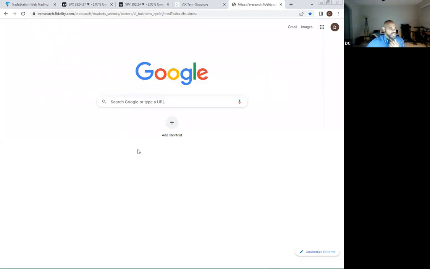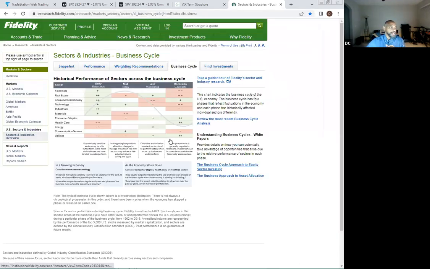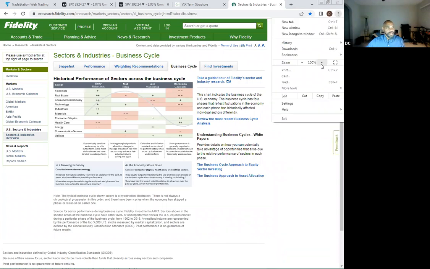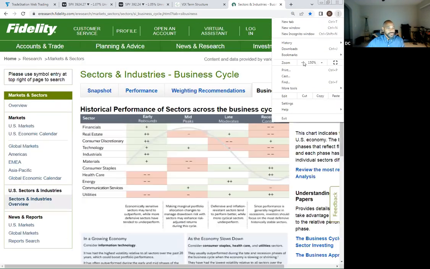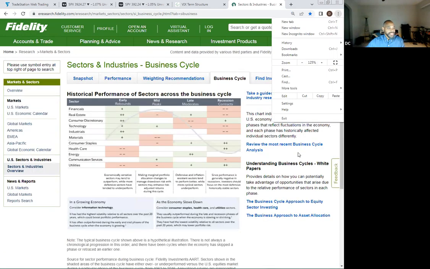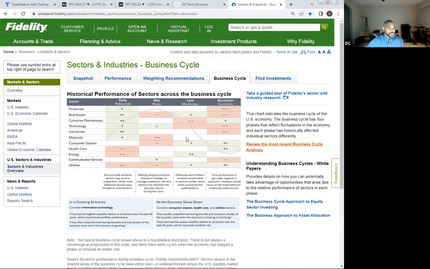And this is just a quick illustration. I like this. I don't know if you guys can see that easily, but usually this is the rotation depending on the market condition.